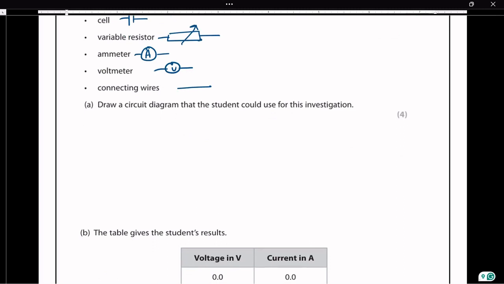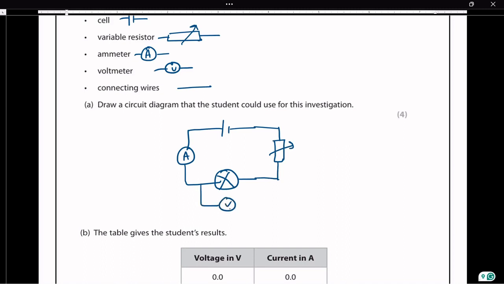So when we draw the circuit diagram, let us draw the cell first, then an ammeter to measure the current, and then there is a variable resistor. And also let us include the voltmeter to measure the voltage. This is the filament lamp.